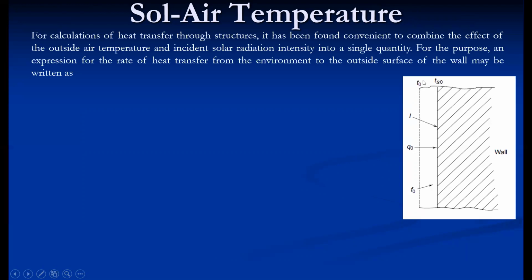This TO is the outside air temperature. I is the incident radiation on the wall surface. QO is the heat transfer to the outside surface, and fO is the heat transfer coefficient.